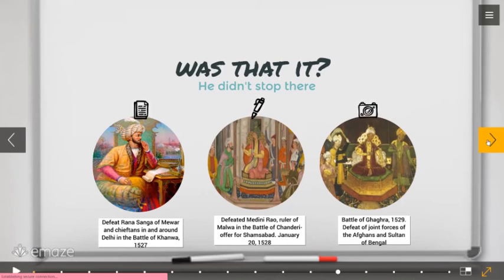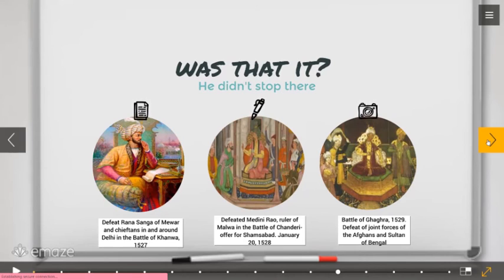And here, what happens? Remember who fought against Babur in the first Battle of Panipat? It was Ibrahim Lodi. Now, after Ibrahim Lodi's death, his brother Mahmud Lodi comes and claims himself to be the ruler.